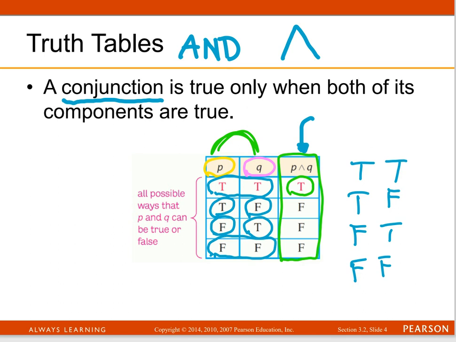But if you look at the rest of them, they're always false. That's because when you're considering an "and," it has to be this and it has to be that. It has to satisfy both in order for the whole statement to be true.